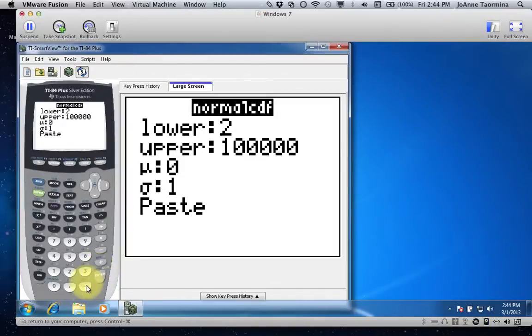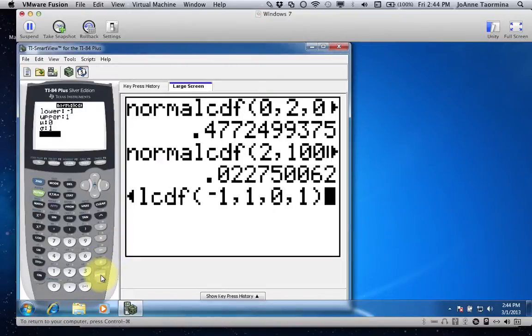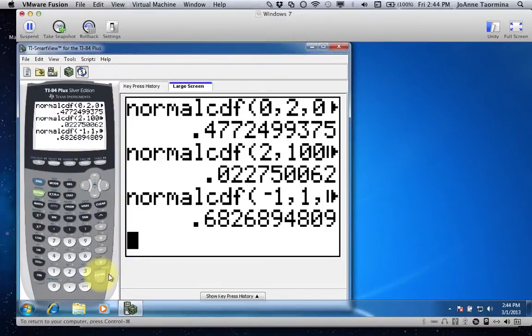We're going to do a lower z-score of -1, an upper z-score of +1, mean of 0, standard deviation of 1, and press paste. Okay, 0.6826, etc., which is approximately 68%. So the empirical rule comes from this derivation of the area under the bell curve between z equal -1 and z equal +1.